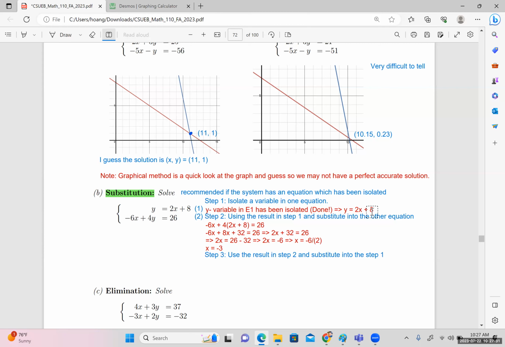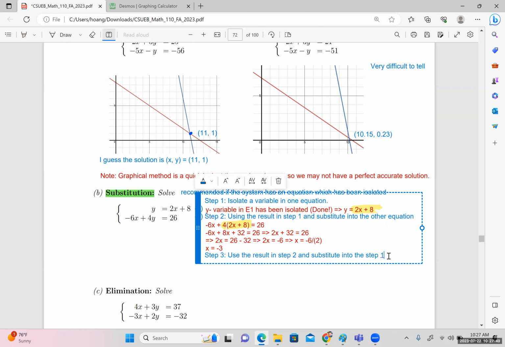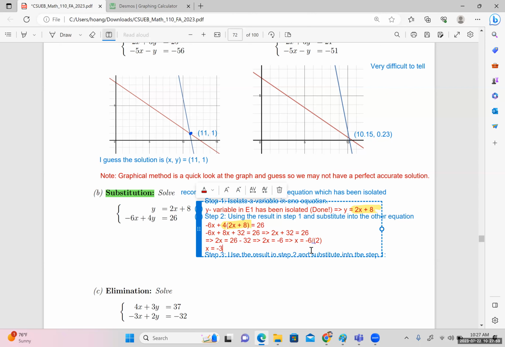So we're going to have y equal to 2 times negative 3 plus 8.